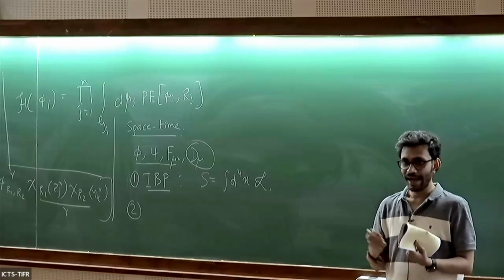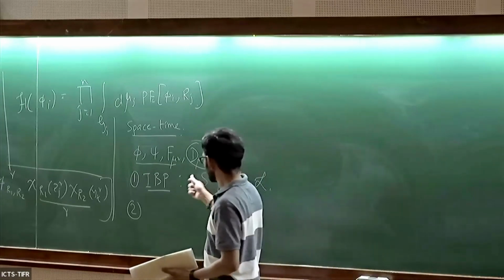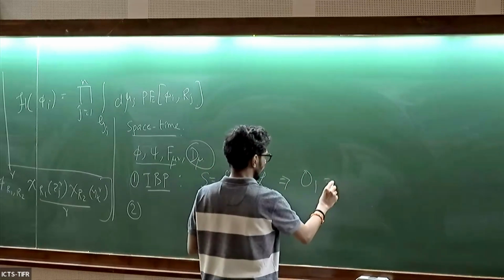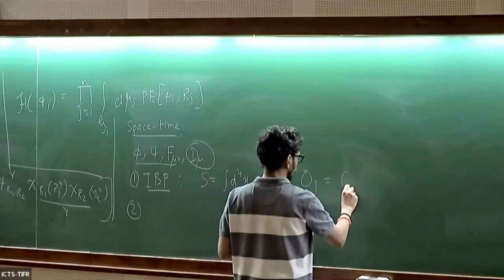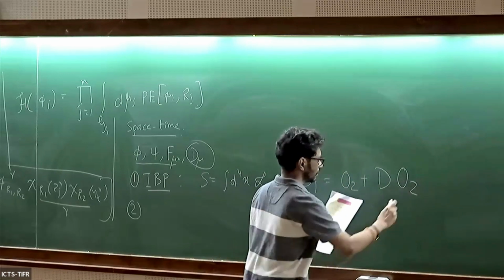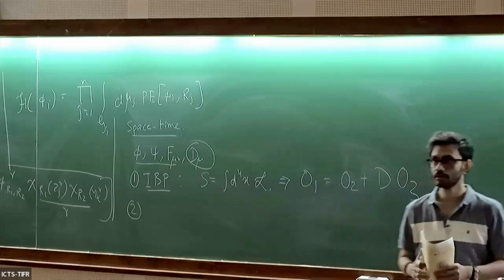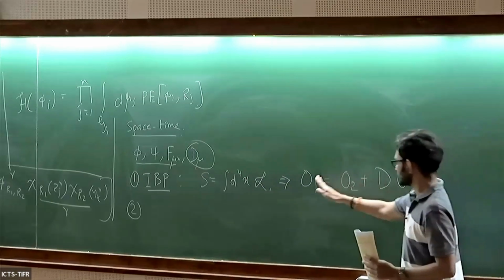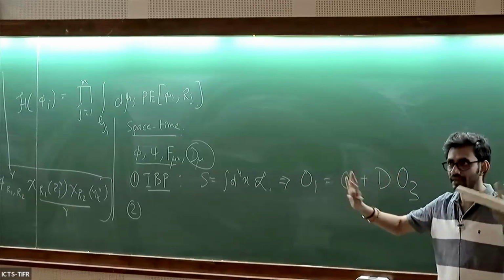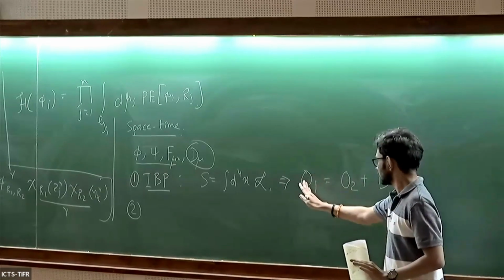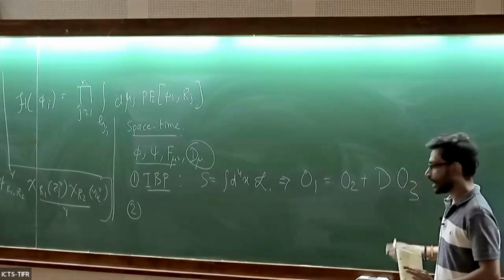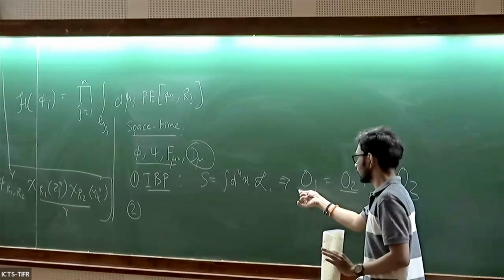That tells you that if there are two operators, O1 and O2, which are related by this equation, that there are two operators which look primarily different, but if they are related by a total derivative term, then I will consider either this or this operator.